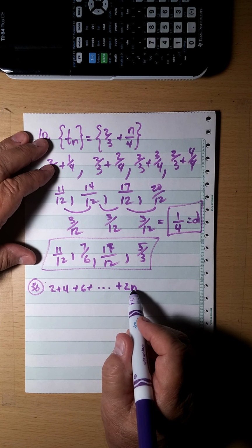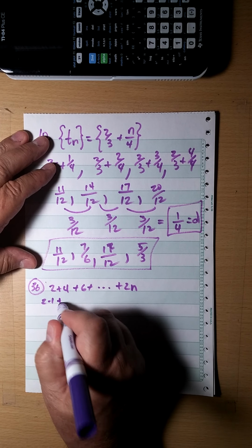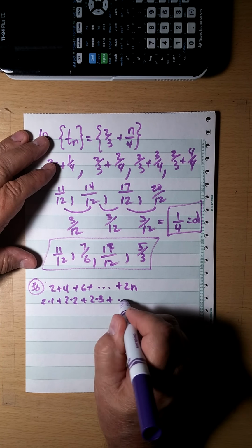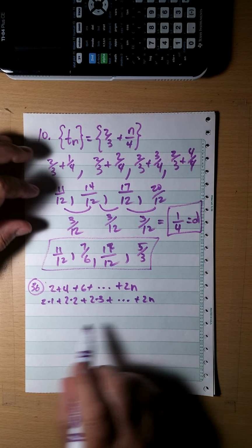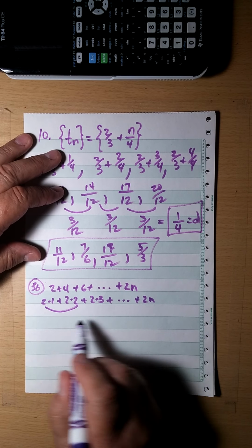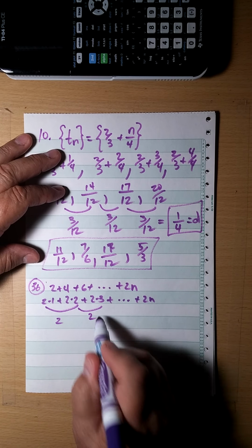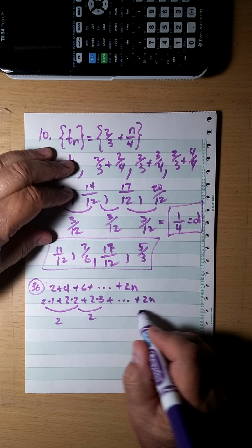Well, because of this n here, this is 2 times 1, 2 times 2, 2 times 3, and 2 times n. So, if we subtract, we get a common difference of 2. This must be arithmetic.